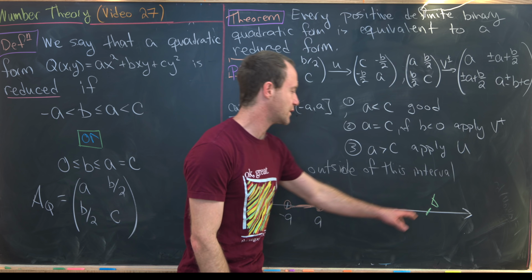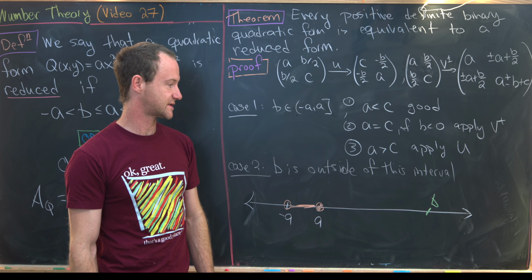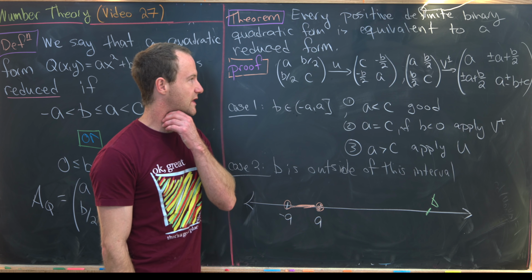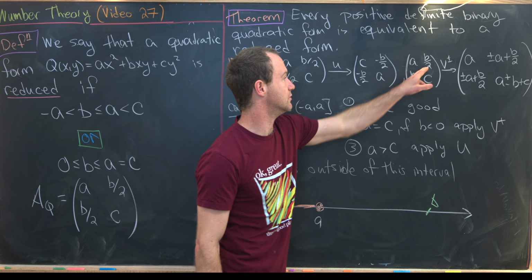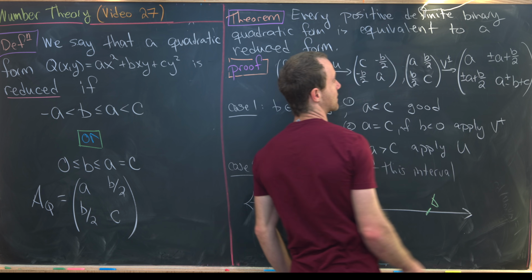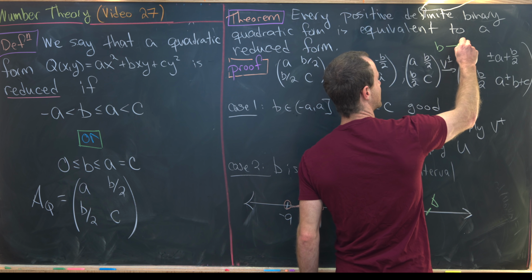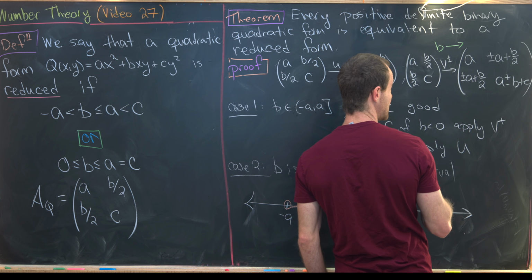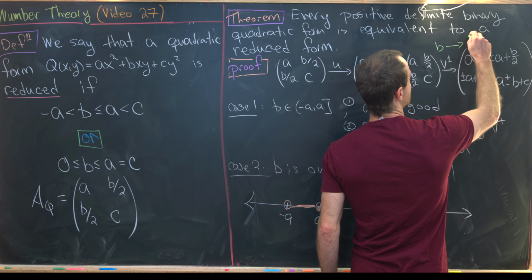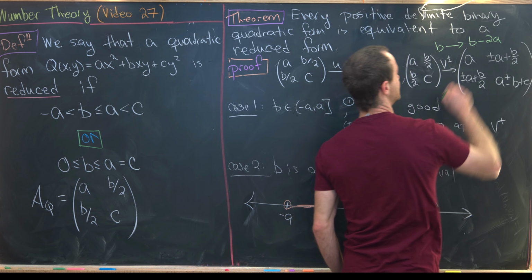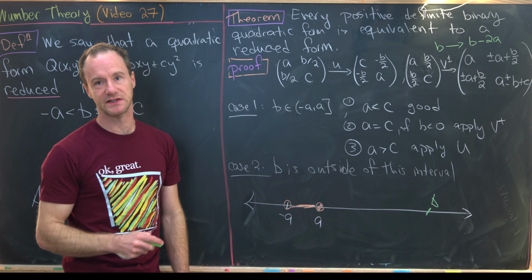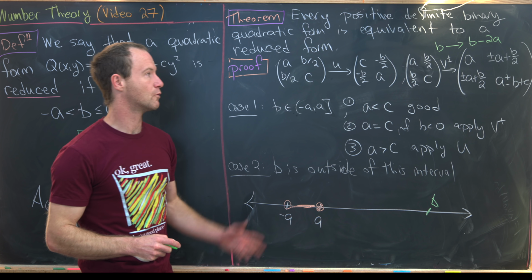Okay, well, what happens if we apply V minus? That's going to replace B over 2 with this thing right here. But this replacement of B over 2 with this is equivalent to the replacement of B with B minus 2A, just because you've got to double things to make that make sense. Why is it minus?